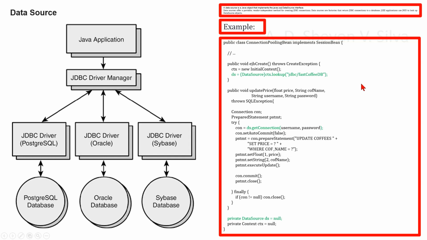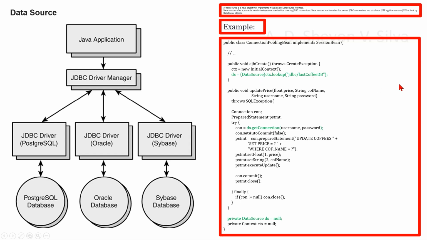The JNDI naming service will return an instance of that data source class. The method getConnection can then be called on that data source object to get the connection to the data source it represents.